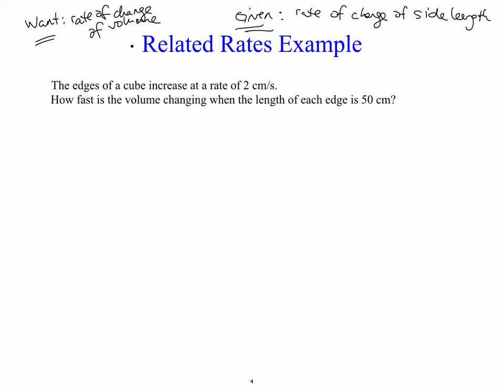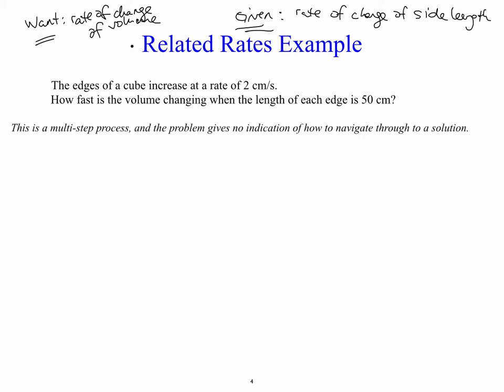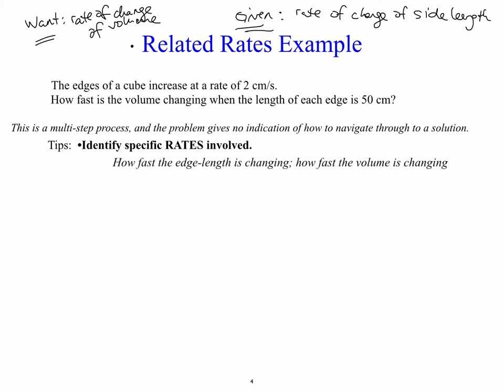But do we ever just start with the rates of change? That hasn't been our forte. So this is going to be a multi-step process. What we've done so far is identify the rates involved. They gave us how fast the edge length is changing, and we want to know how fast the volume is changing.